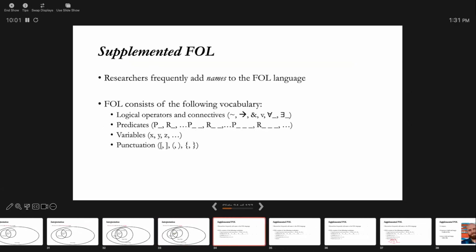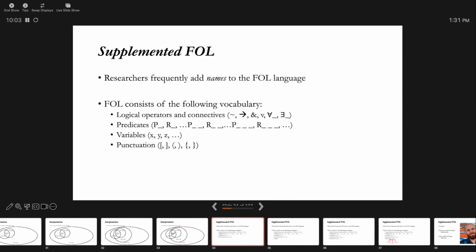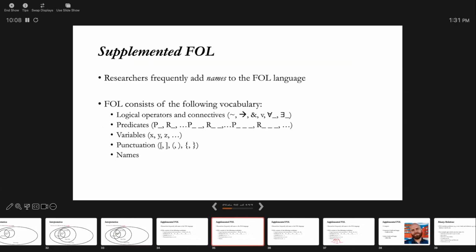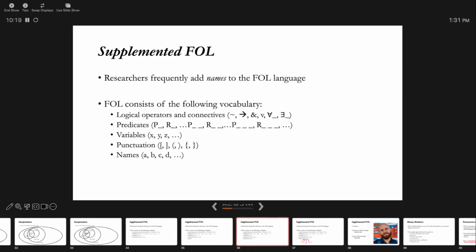In addition, this vocabulary, we also add names for things. So far I've just added variables. In the examples I was talking about John, but strictly speaking, I'm not representing any John in everything above the names, right? There's no John in there. If we want to represent John, we got to add some names for John.